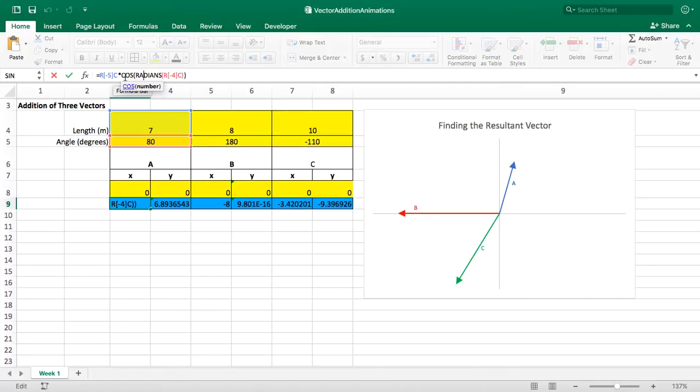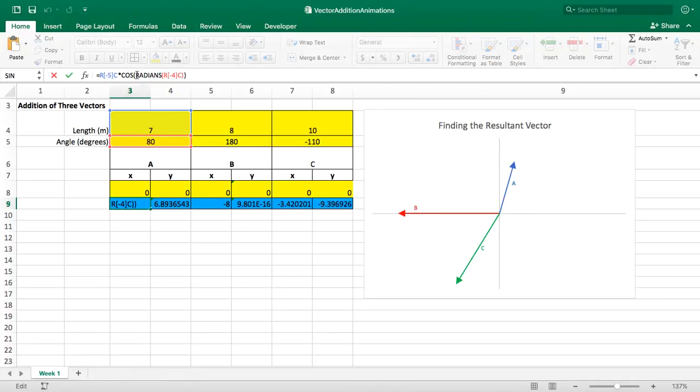Now in Excel, when we take the cosine or the sine or indeed the tan, or tangent, of an angle, we need to have those angles in radians. So we can nest the formula RADIANS within our cell.